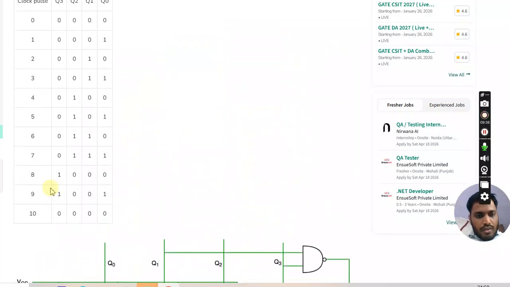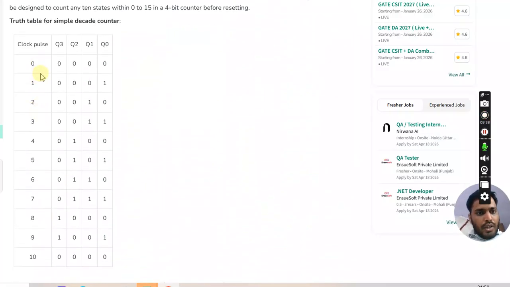The actual count here, as we know, is from 0 to 9.